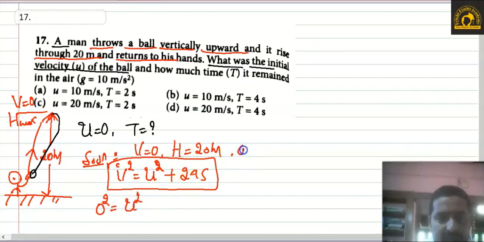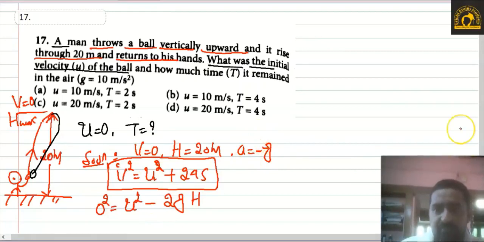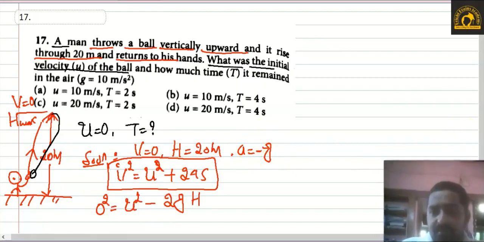So what about a? a is equal to minus g. That is minus 2g into h. So after simplifying, we get the answer.